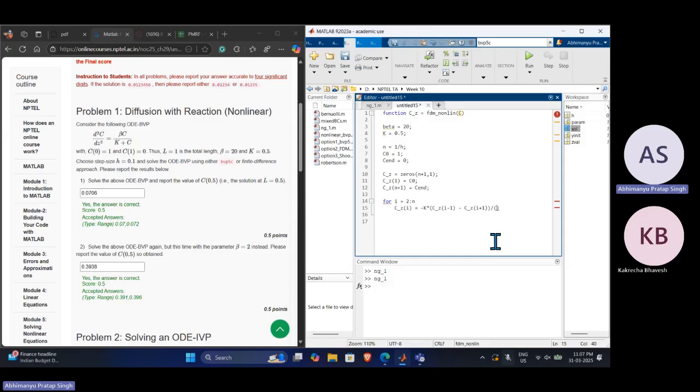Collect all the squares together, minus 2k c(i) square minus 2k plus c(i) minus 1.